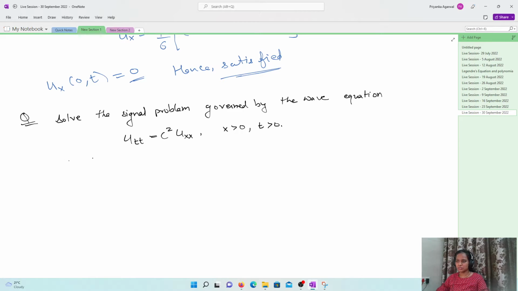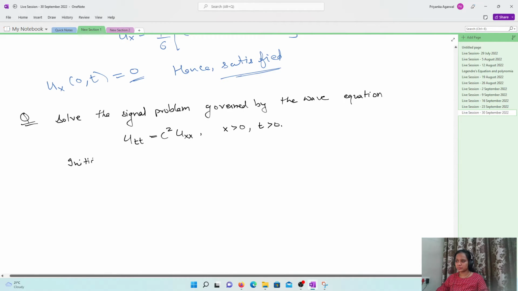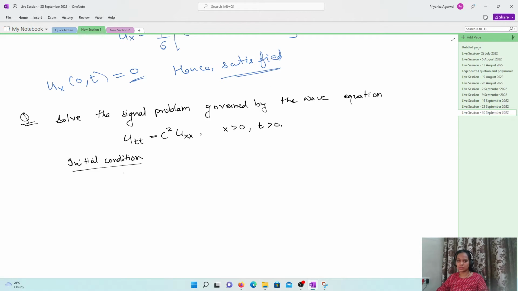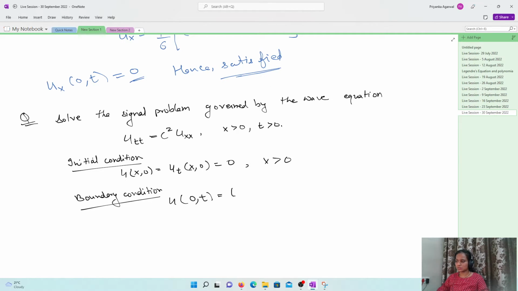And initial condition, u at x comma 0 equals ut x comma 0 equals 0 for all x greater than 0, and boundary condition is u 0 comma t equals some velocity which is a function of time at t greater than 0.